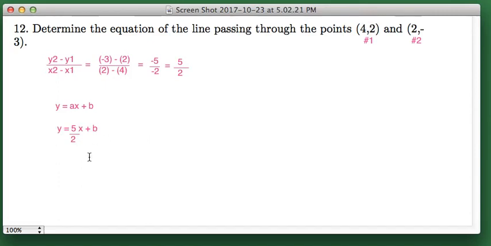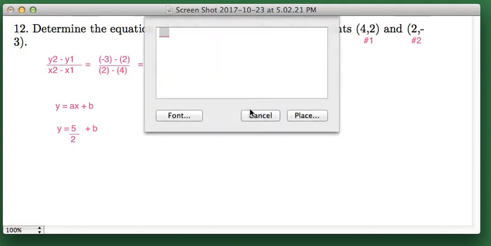And the way you do that is you start off, you say, well, let me just replace these. Instead of having an x here, I'm going to replace that with an x coordinate. I could use either point here. I'm going to use this point, 4 and 2. So where the x was, instead of putting x, I'm going to put 4.